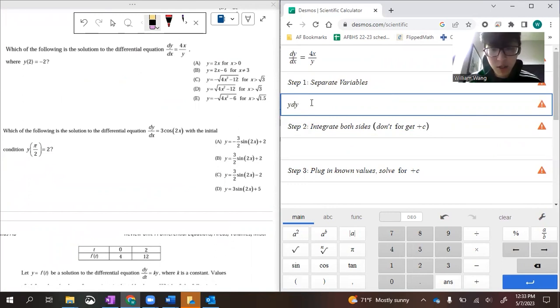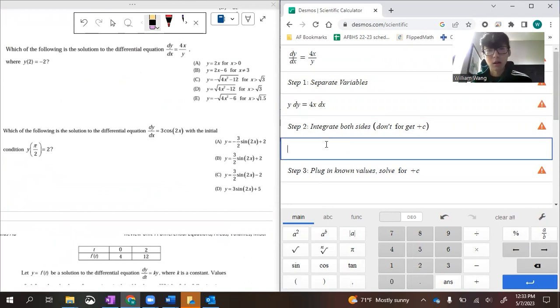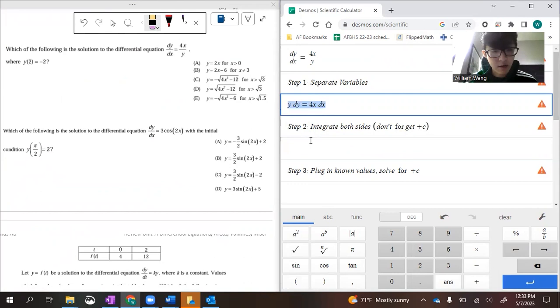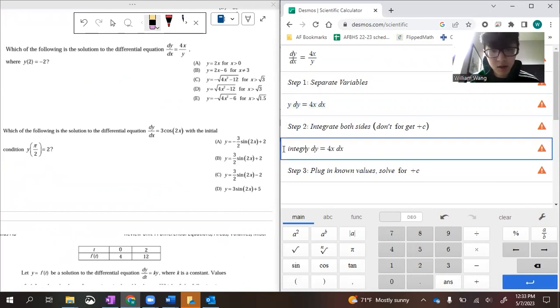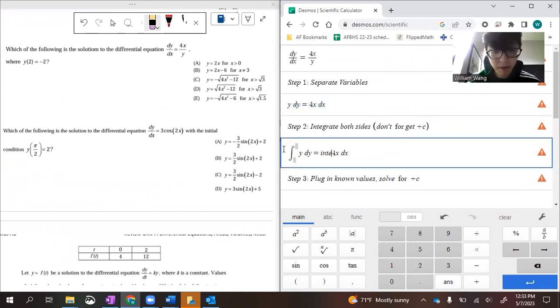When I separate variables, I should get y dy is equal to 4x dx. When I integrate both sides, I get y squared divided by 2 is equal to 4x squared divided by 2 plus c.